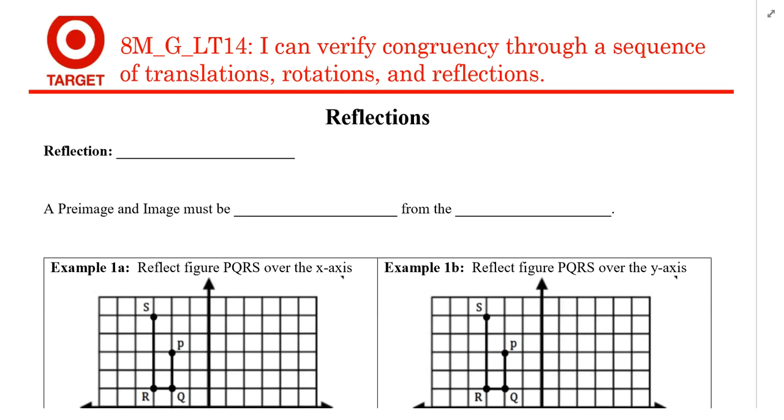And reflections are flips. So translations are slides, where a reflection is more of a flip. And so when we are reflecting, a pre-image and an image must be equidistant from the line of reflection.